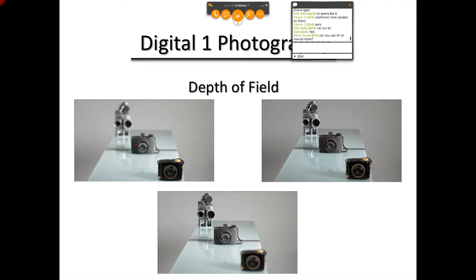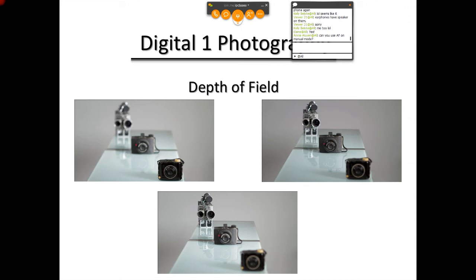Now, keep in mind, I am focusing on that first camera. In the second shot on the right hand side, I'm focusing on the middle camera. So again, you can see that rear camera is out of focus, and the camera that's in front is now also out of focus, but the middle camera is in focus.